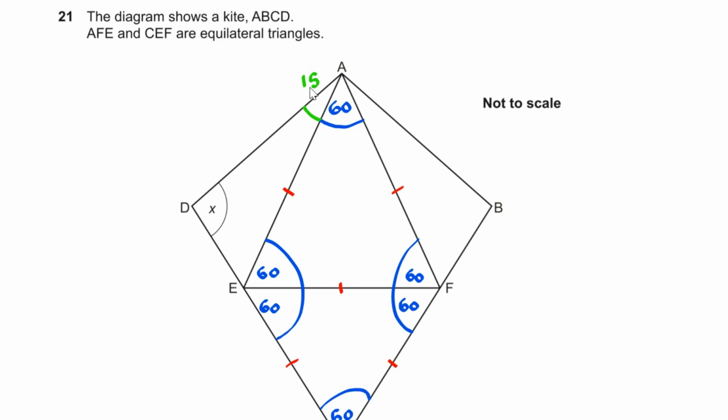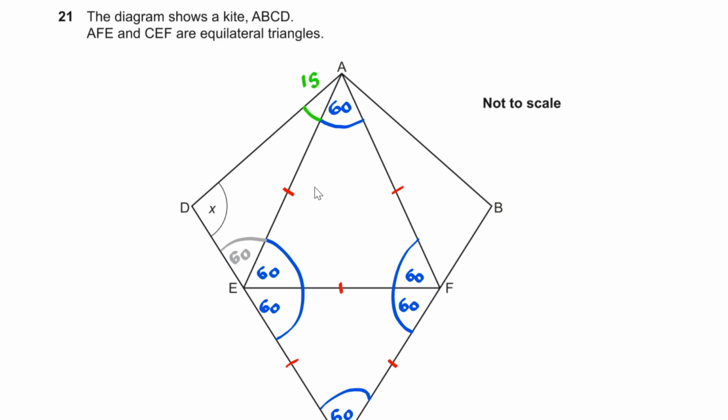Okay, so how does this help us? Well, we want to find out what X is. And we know that angles in a straight line add up to 180, so 60 plus 60 plus 60 gives us 180. So this angle here is also 60 degrees.